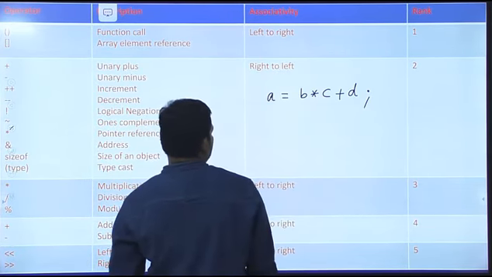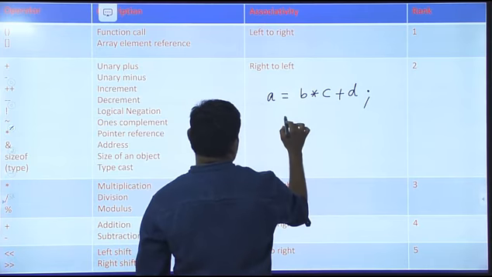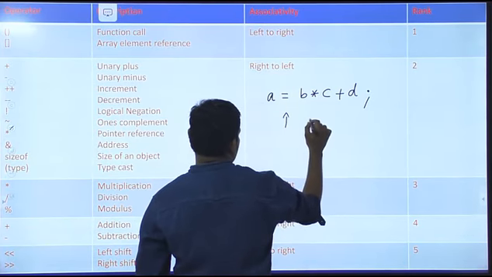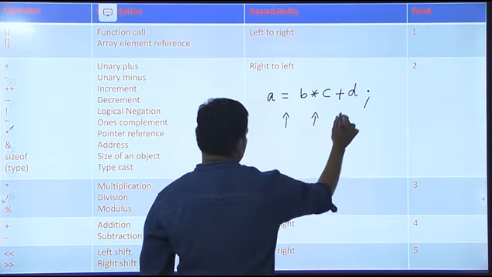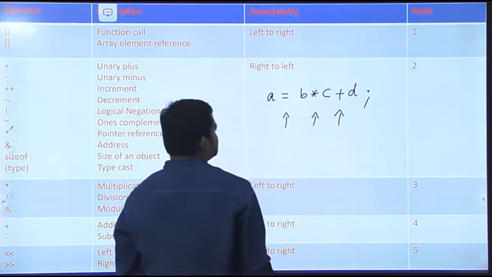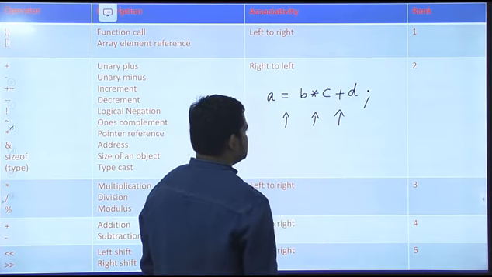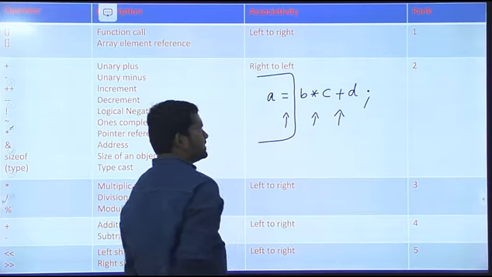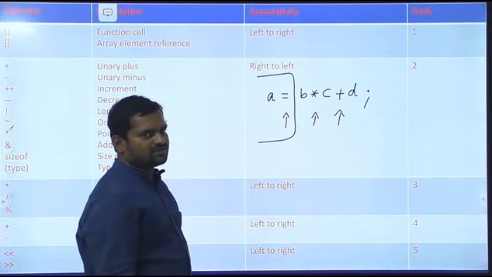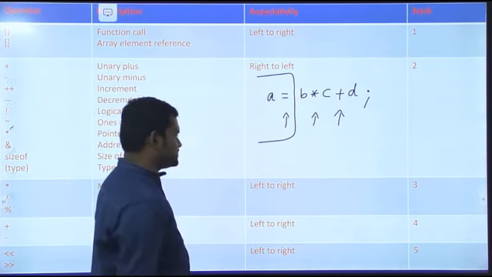How many operators does it contain? The equals sign is the assignment operator, one operator. Next is the multiplication operator, and next the addition operator. The least priority is the assignment operator, which has right to left associativity.